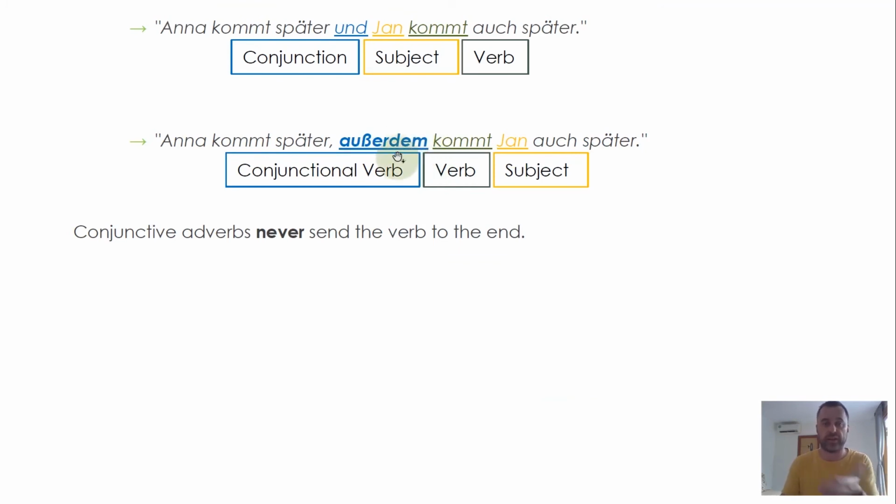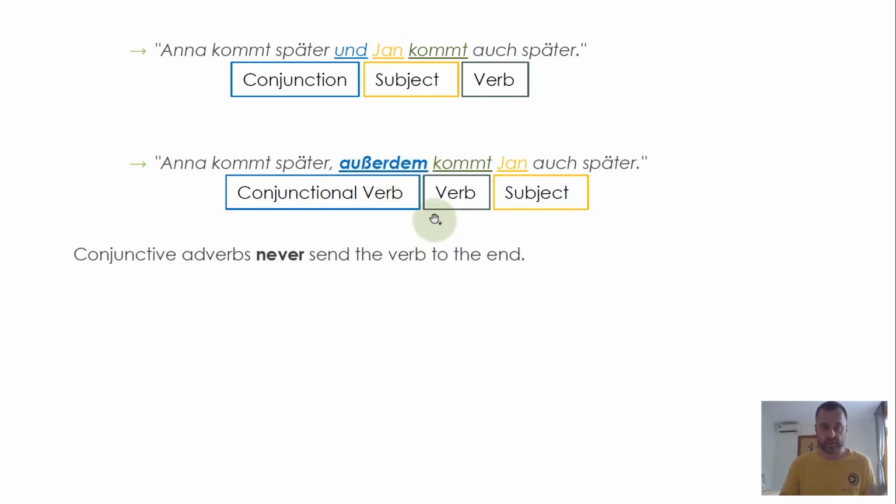So here the additional, for example, with außerdem. It's just a grammatical term. What's important for you is that word order thing that you keep in mind. Conjunction position 0 and conjunctive adverb position 1 followed by the verb.